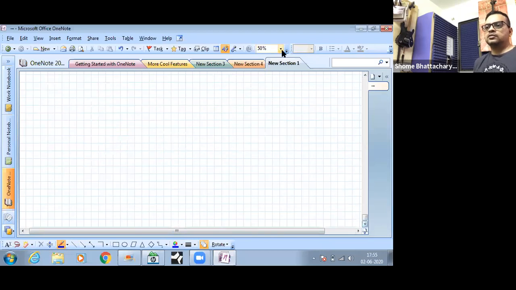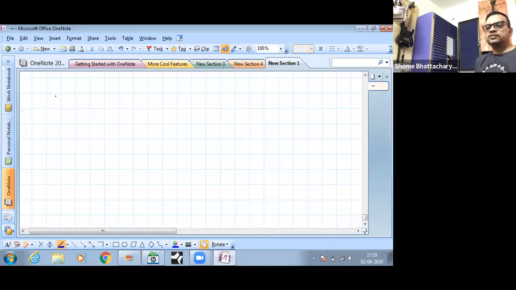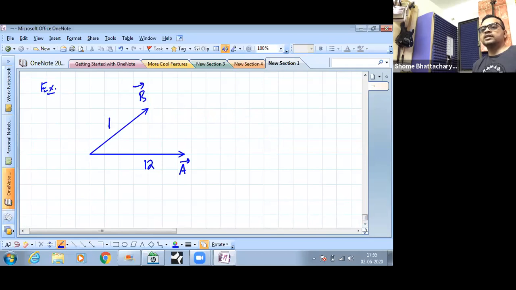Or for example, if I give you a diagram where vector A is like this, vector B is like this. Let us say vector A has a magnitude of 12 units, vector B has a magnitude of 10 units, and the angle is 37 degrees.